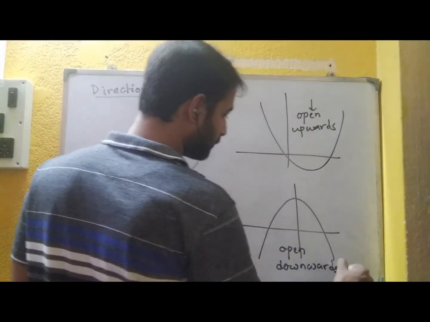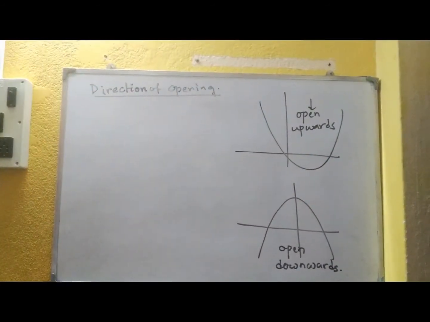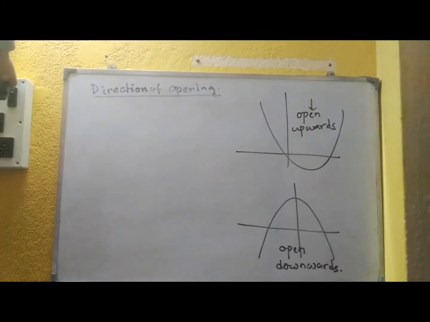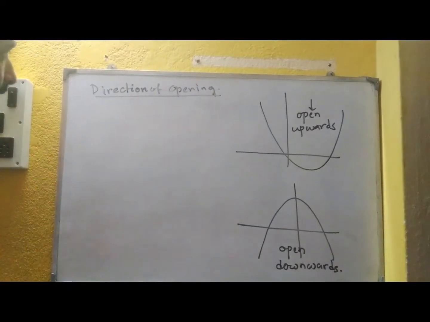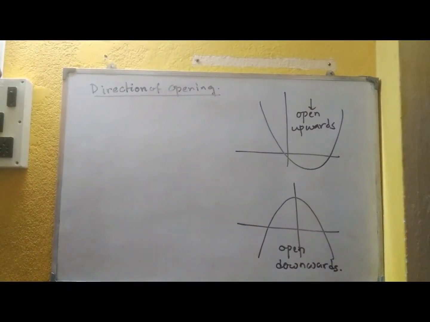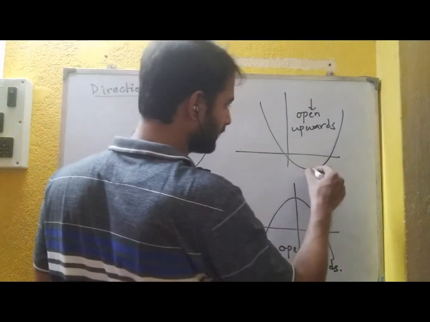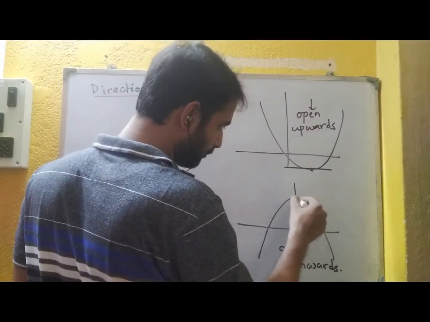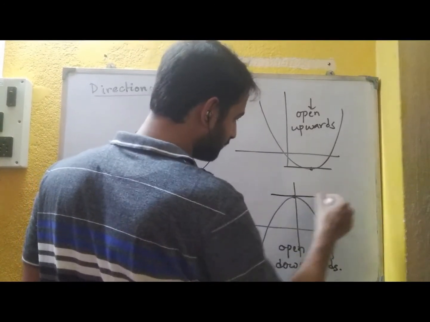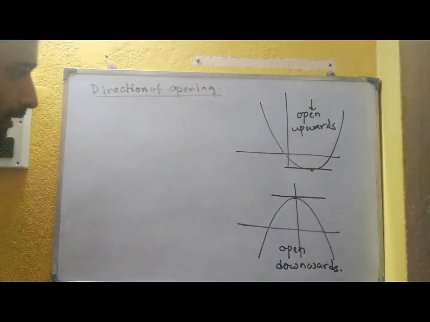So this distinction we have to make from the equation. So from the equation, how can we decide whether the graph is open upwards or open downwards? For that the direction of opening is there. You see, whenever the graph is open upwards, it is having a minimum value at some point. And when the graph is open downwards, it is having a maximum value at some point.